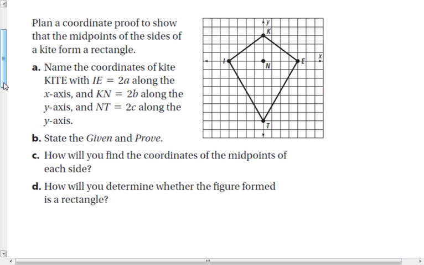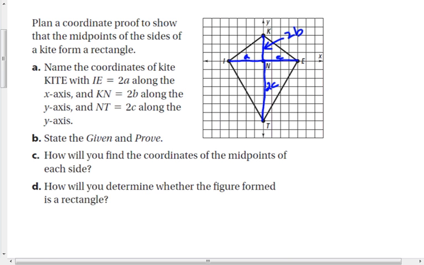So this is 2a. So just knowing that this distance is a, and so is that one. And then KN is 2b. So from here to here is 2b. And then from N to T is 2c. And we can use those to come up with the coordinates.